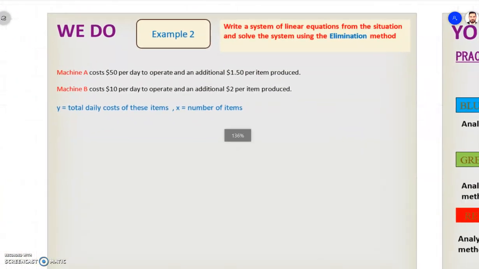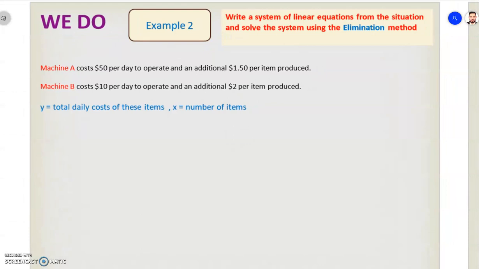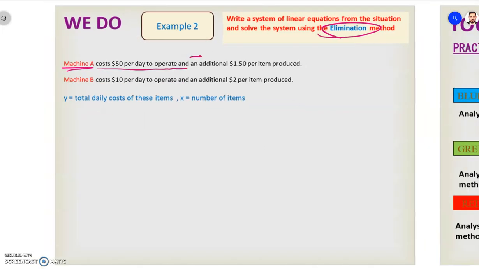We have the we do questions. This question says write the system of linear equations from the situations and solve the system using the elimination method. Machine A costs 50 per day to operate and an additional fee of 1.50 per item produced.